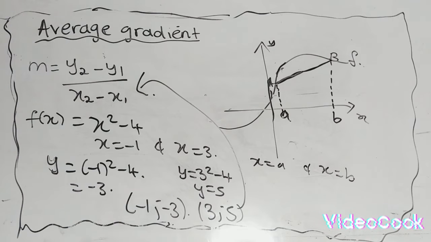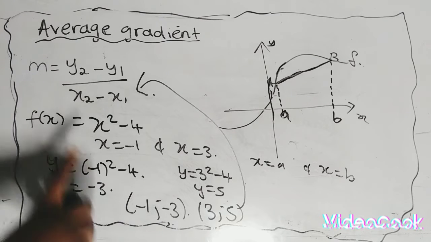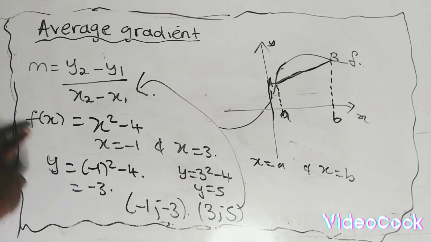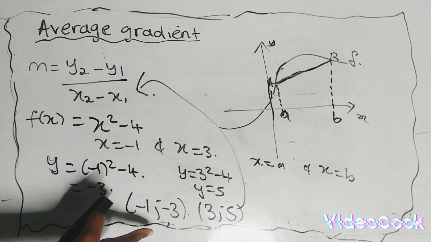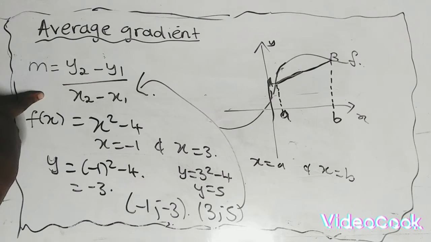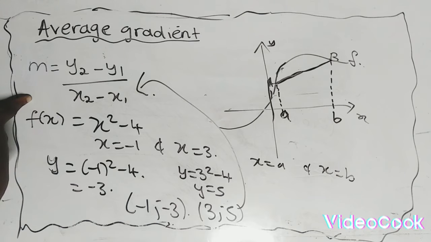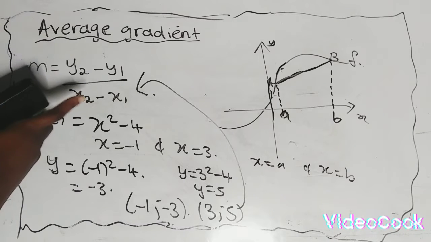Our board is very small, so I'll have to erase, and then we calculate our gradient there. I hope you guys are mastering the concept. First, with your given values of x, you inject them in your f of x to get the y values. After that, you use your formula for calculating gradient.